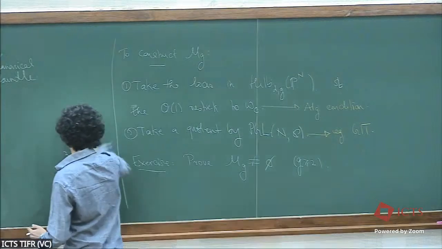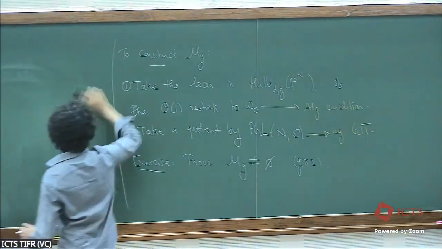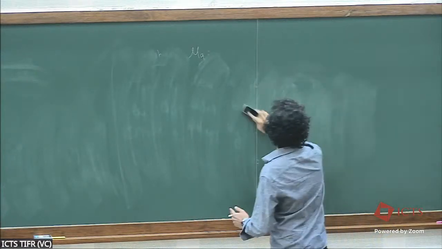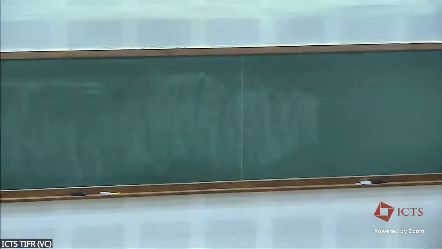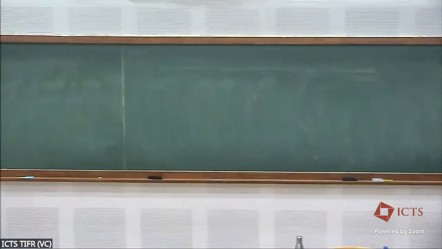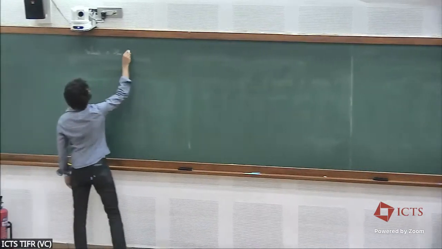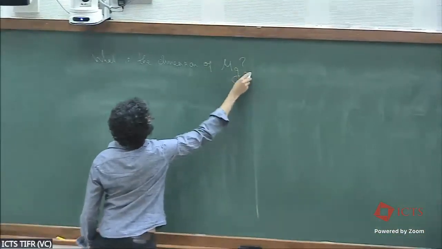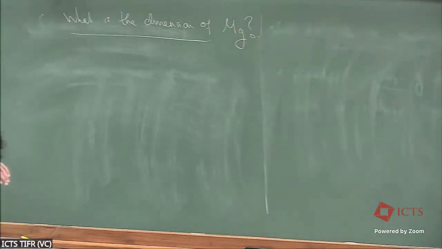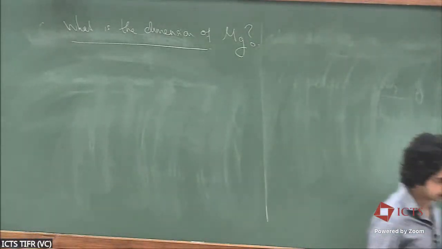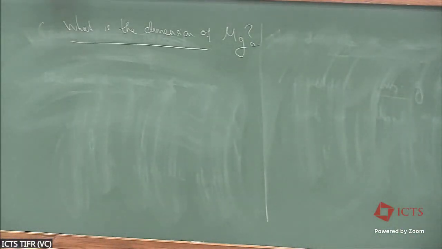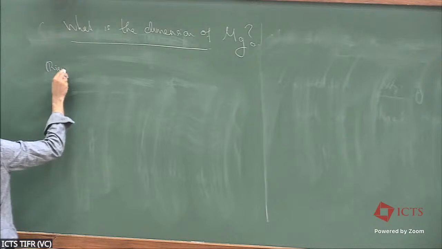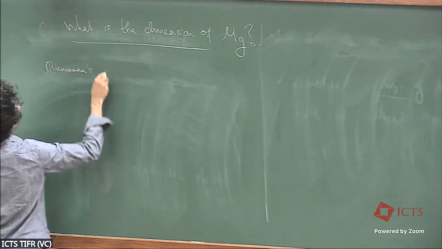Okay, so it's an algebraic variety, so we can ask interesting questions about it that we would ask of an algebraic variety. And maybe the first one is the dimension. What is the dimension of M_g? There are a few different ways to think about this. The first approach is actually due to Riemann. This is Riemann's parameter count.